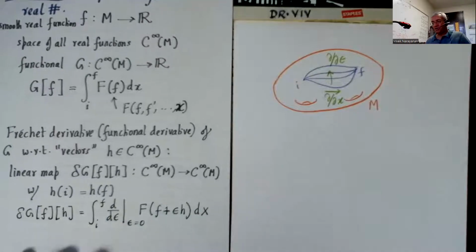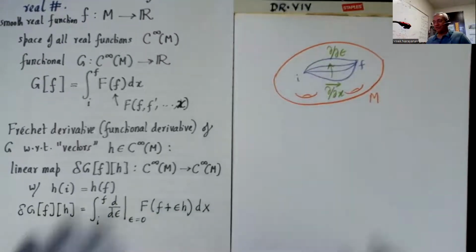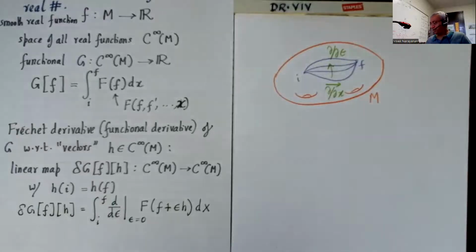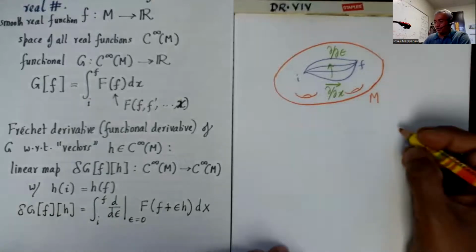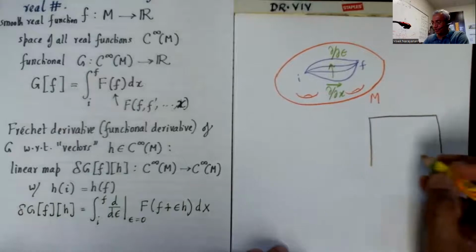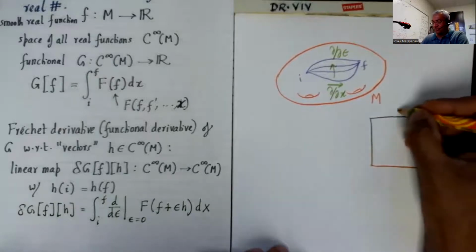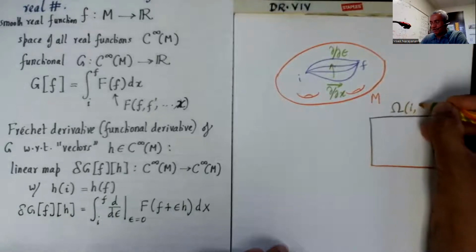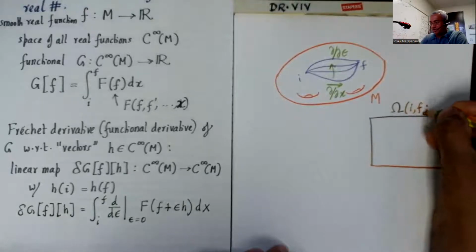All right, so this general setup on the manifold level can also be looked at in a slightly different way. We're going to consider the space of all paths. The space of all paths is called omega, and it depends on the initial point, the final point, as well as the manifold.